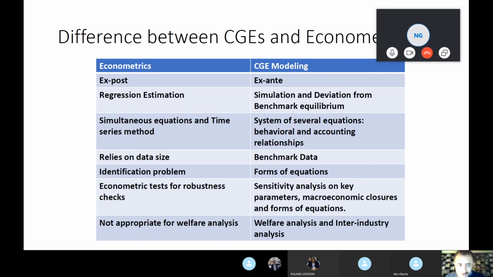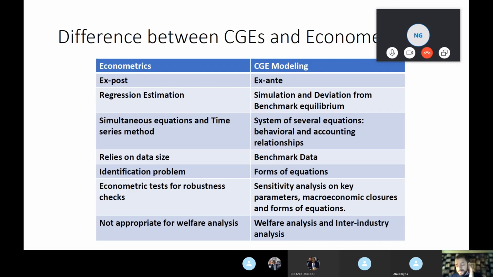The fourth difference between the two methods is related to the data size. So we know that in econometrics, the more data we have, the more robust are the estimation results. But for CGE models, we do not really rely on data size because we just need data in the reference year, or the benchmark data, like data that we have from a specific year for a social accounting matrix, for instance.